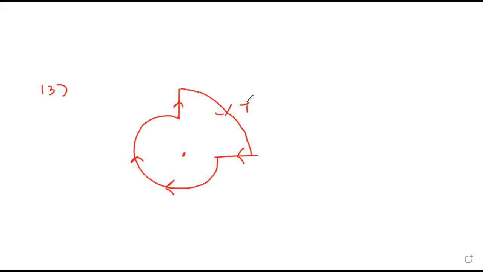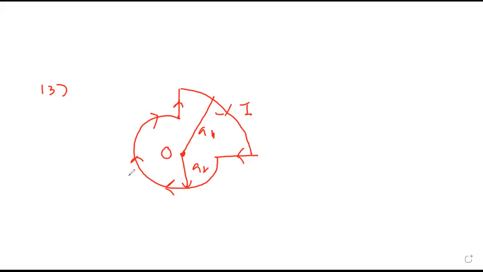This first loop, is it a full circle, half circle, 1/4, or 3/4? I said this smaller one is full loop or 1/4, 2/4, 3/4, 5/4? What is it? 3/4. Correct.